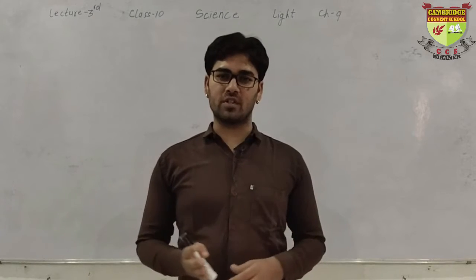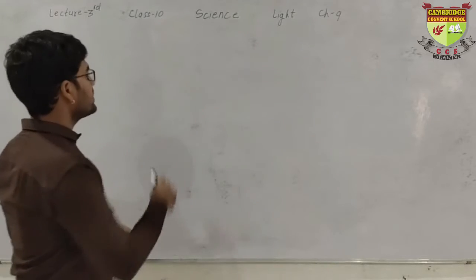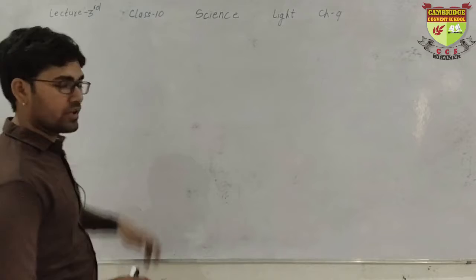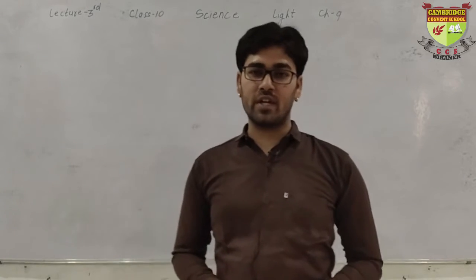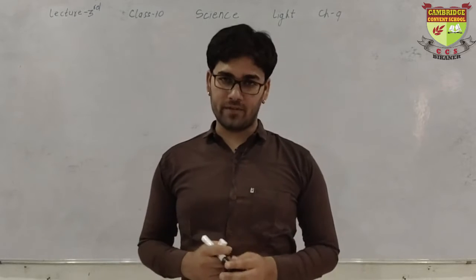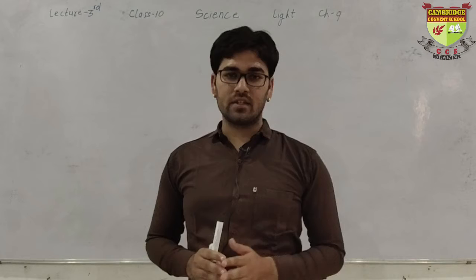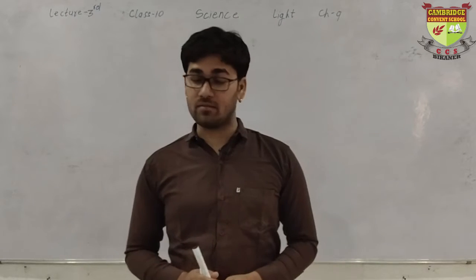Today we are going to study the third lecture of our chapter 9, Light, in subject Science, class 10th. The first topic we are going to discuss today is types of reflection. In the previous lecture we discussed the definition and the two laws of reflection, right?